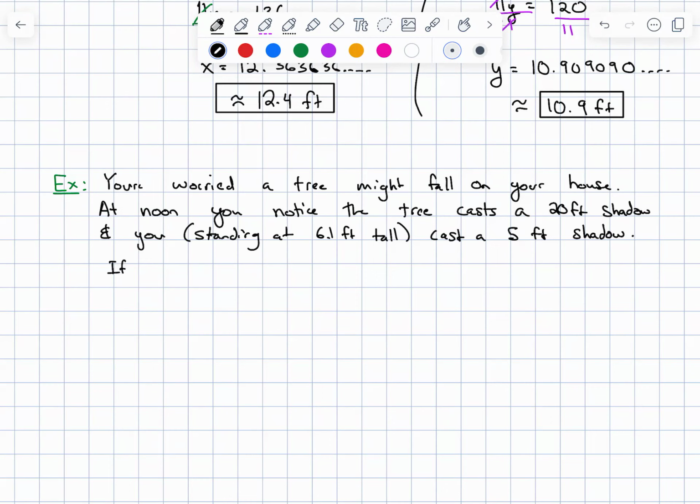If the tree is, let's say, 16 feet away from your house, will it hit if it falls?